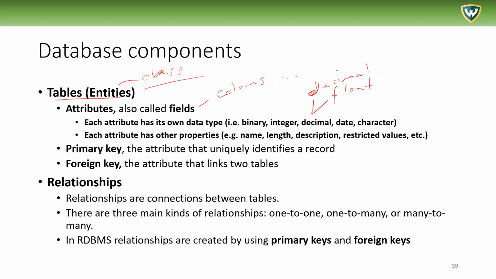One of the important parts of the table is the determination of the primary key and the foreign key. The primary key is one of the attributes of the table that you select to be the thing that uniquely identifies a record. Something like a name is usually not a good primary key because a name can be repeated.